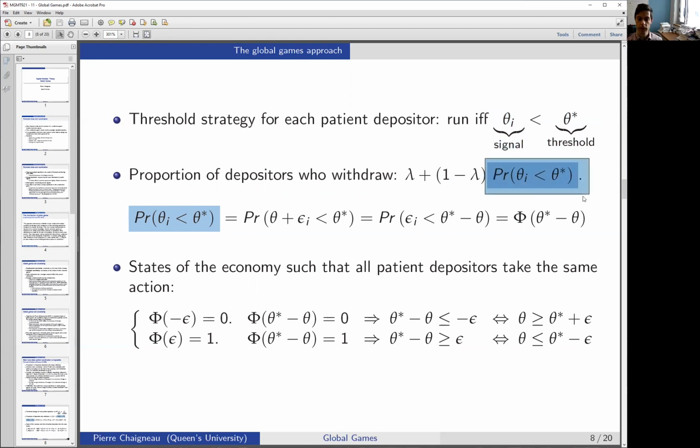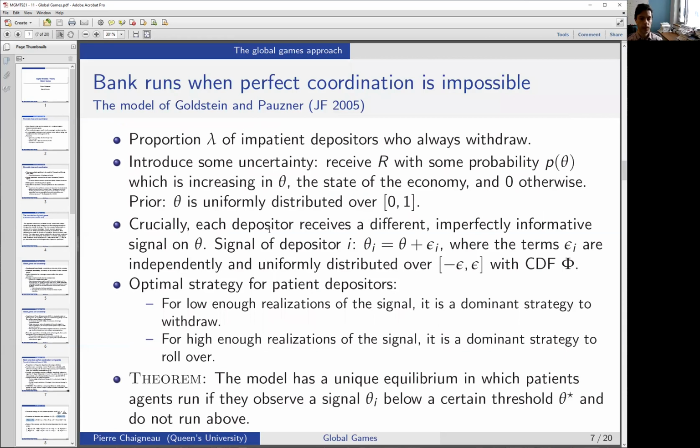And so this is going to be this proportion, the probability that theta I is less than theta star. So what is this probability? In particular, we want to relate this probability to the economic fundamentals and the state of the economy, theta.